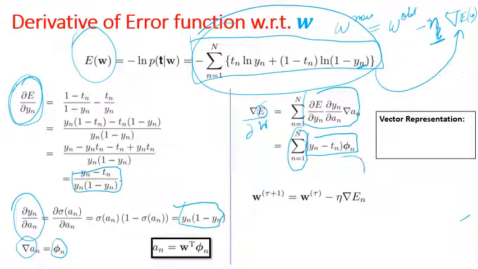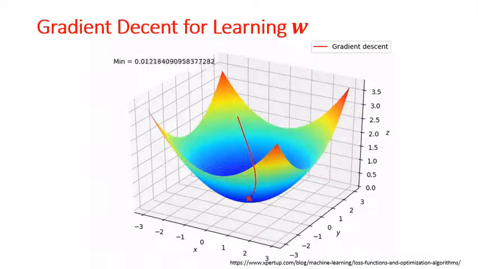So this derivative you feed here. This is a step size, this was your old w, and this is your new w. We have discussed it before. Gradient descent, I have already explained what it does, because it will converge to a local minimum.